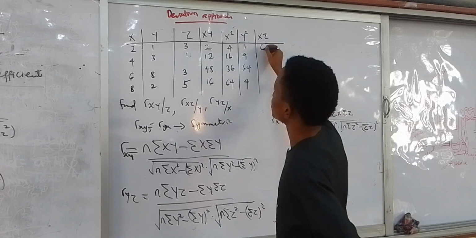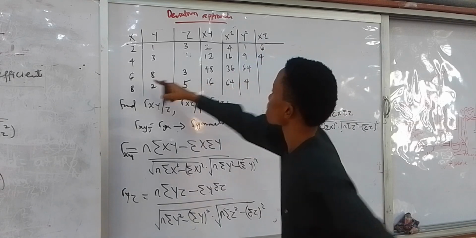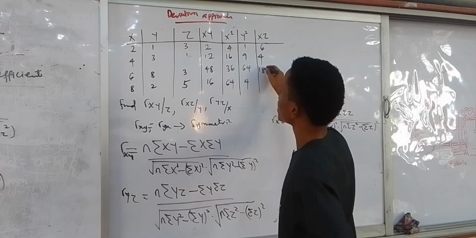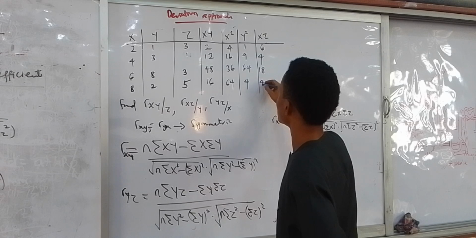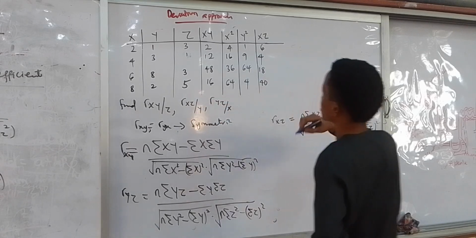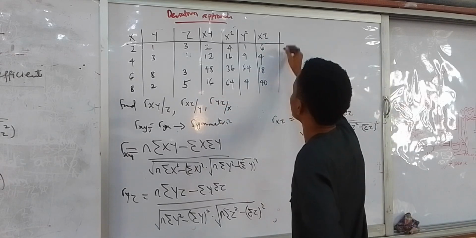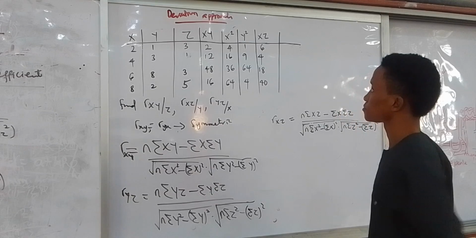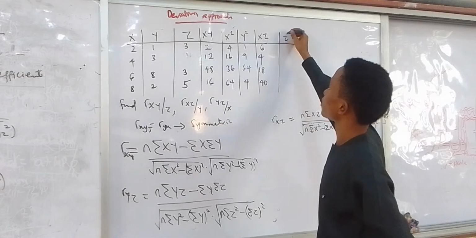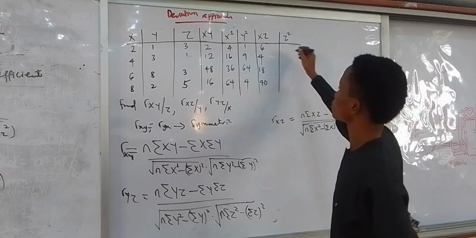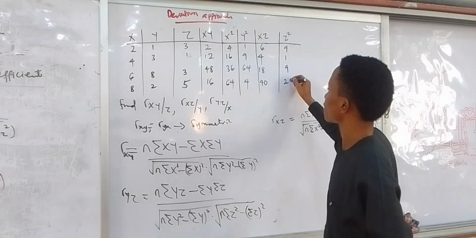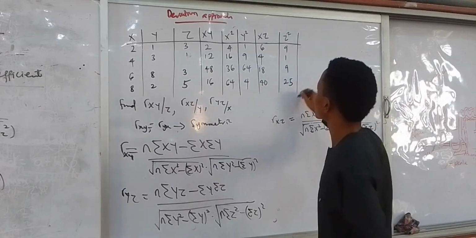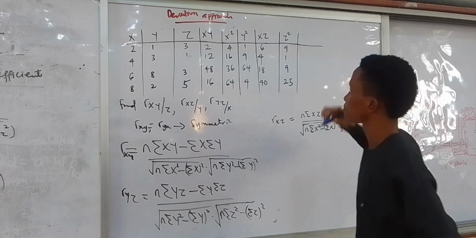Next, xz would be 6, 4, 18, and then 40. Then z raised to power 2 would be 9, 1, 9, 25.